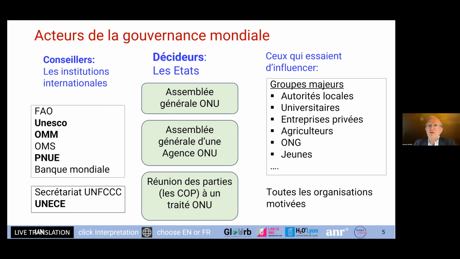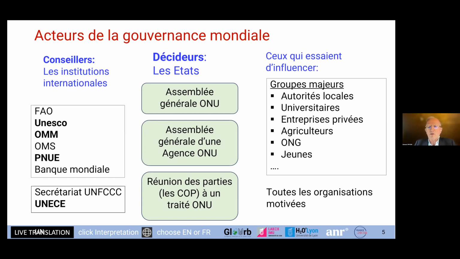There are meetings of parties and international treaties. So this is more mediatized. So there's the Convention of Parties on the environment and climate change, for example, the Conference of Parties on climate change.